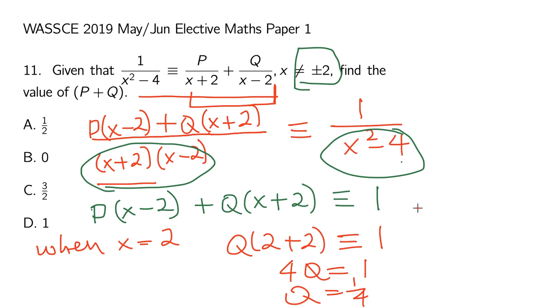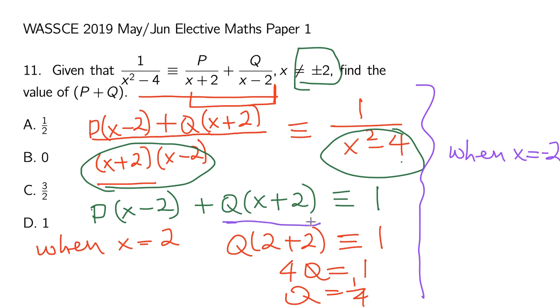Now when x is minus 2, what do we have? Well, this term disappears, because when you put x equals minus 2 here, you have minus 2 plus 2, which is 0. So this goes away.